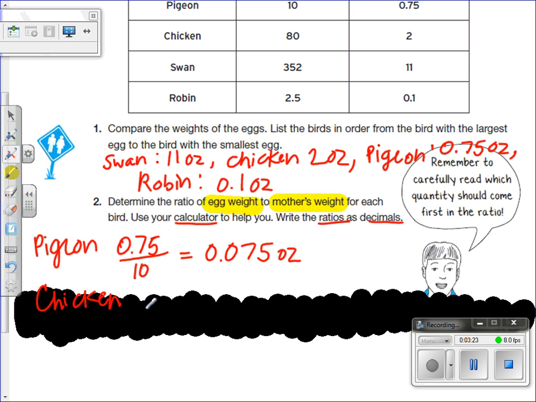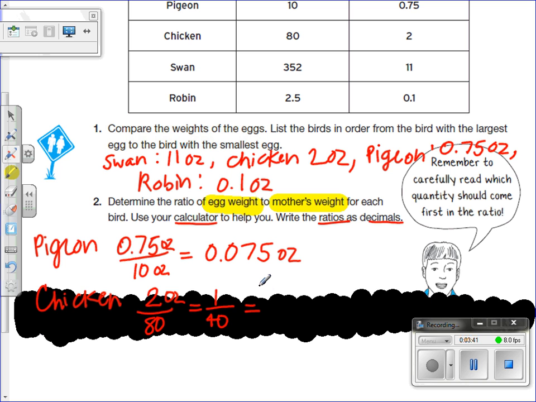Next we have chicken. The egg weight for a chicken is 2 ounces over, I guess I should label these, over the mother's weight, which is 80. So I can simplify this fraction to 1/40.